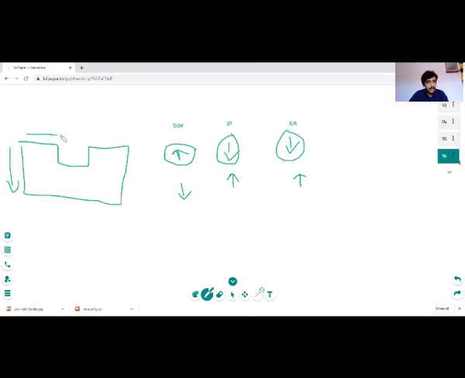When you go along the period from left to right, size will decrease because of addition of electrons to the same orbital, same shell. Hence the interaction is more, removal of electron is difficult, ionization potential increases, and also the size is smaller, the outermost electron is closer to the nucleus, the addition of a new electron is easier, and hence electron affinity increases.